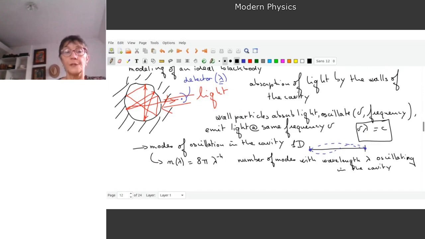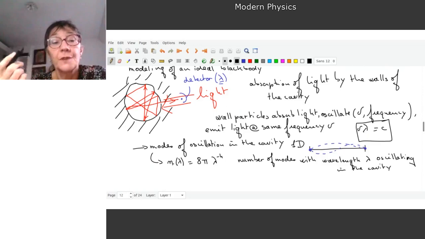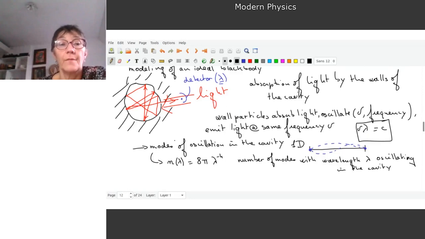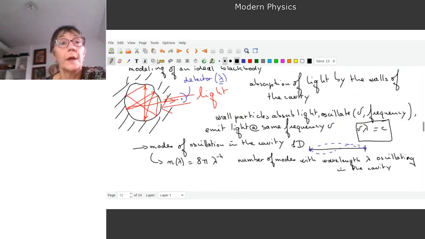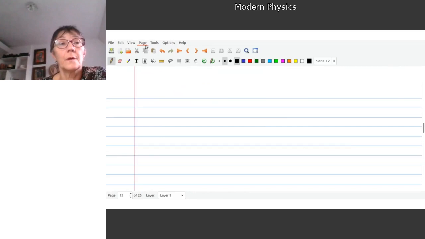And so what do you need beyond this number of modes oscillating? As this is a number, it has no unit. What you are measuring here is an energy, so you want to measure the energy transported by these modes. And so you can calculate the average energy of this mode.